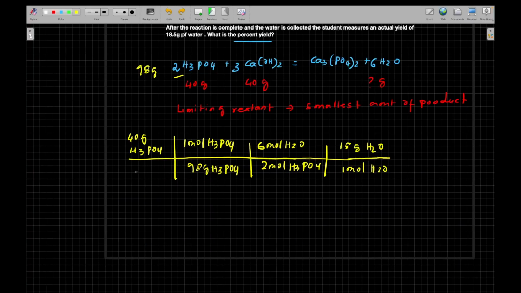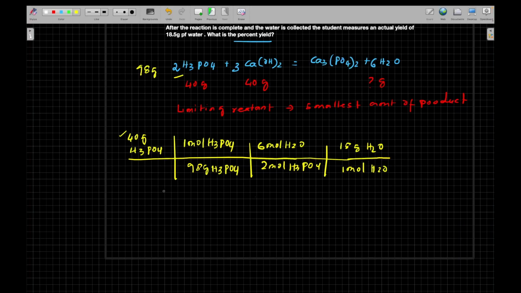Using the bridge technique, we put the given information in the numerator, and the desired information, which needs to be found out, also in the numerator, and fit the other information in such a way that unit matching happens.